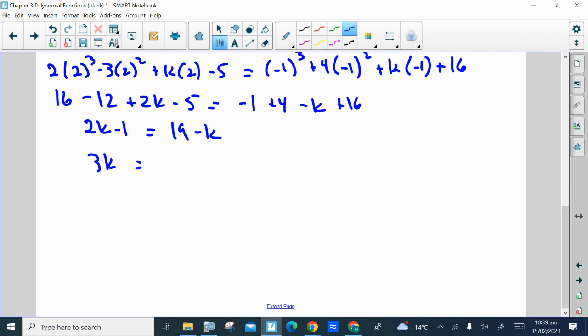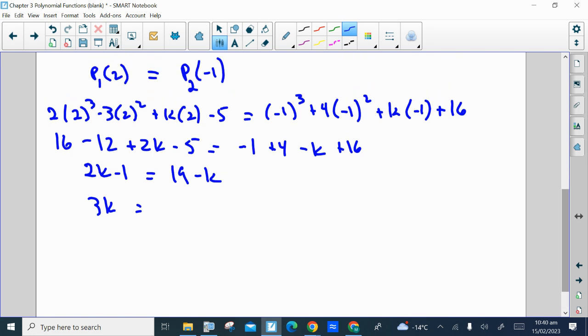-1 plus 4 is 3. 3 plus 16 is 19. Oh, no, it's not, because -1 squared is +1.